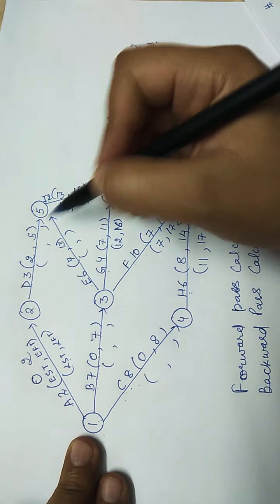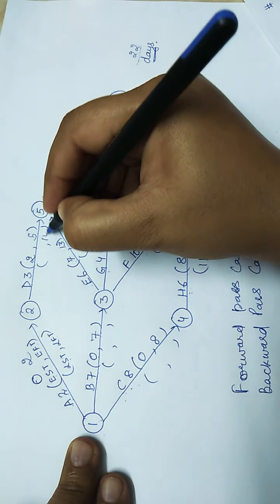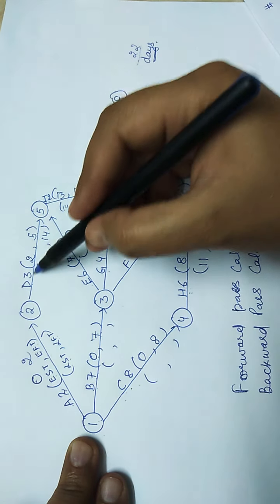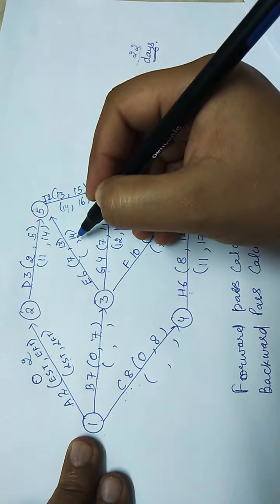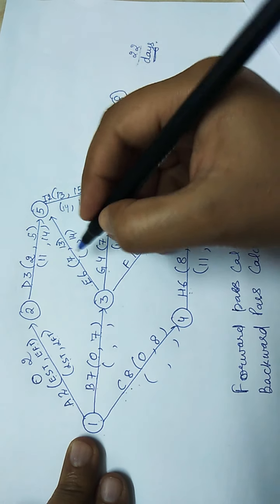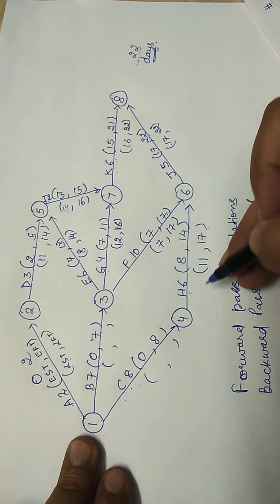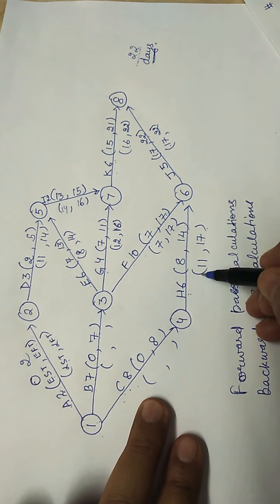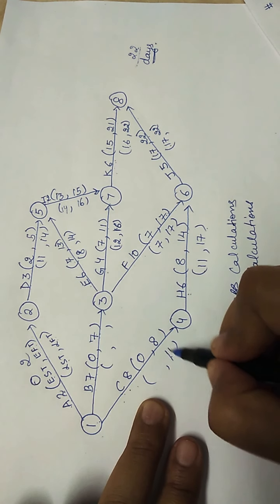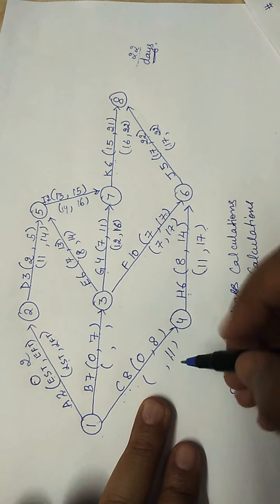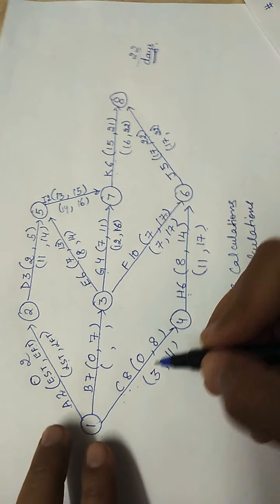Here it will be 14 for both the activities. 14 minus 3, 11. 14 minus 6 is 8. Here the latest finish time will be 11, and then 11 minus 8, the value is 3.